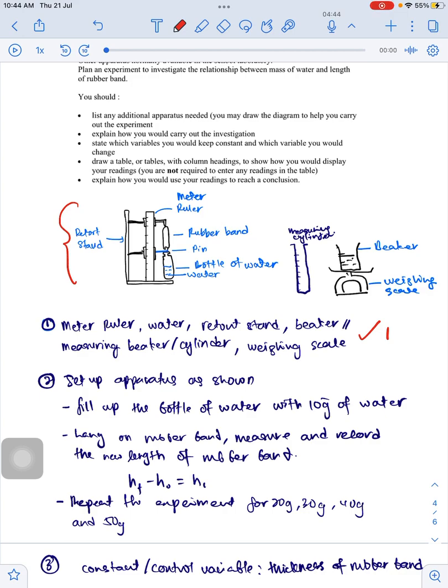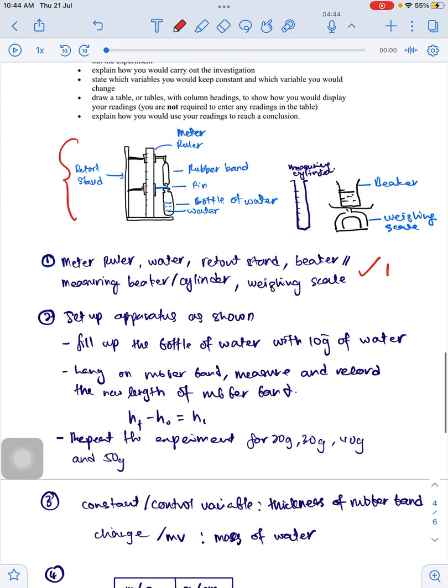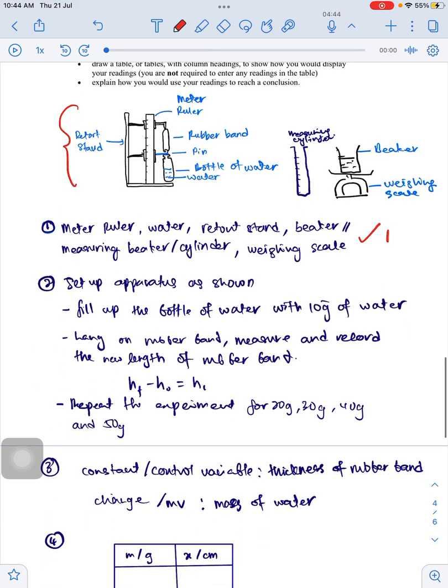As in question number 1, we have 4 things to remember. The first is the control variable, the manipulated variable, and the responding variable. For the control variable, you need to state that you use the same rubber band for all the experiment. Okay, so here, fill up the bottle of water with 10 grams of water.